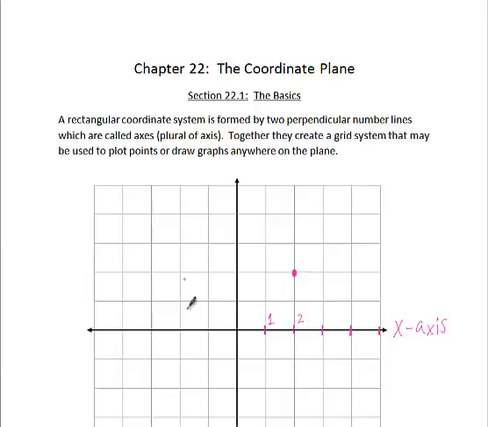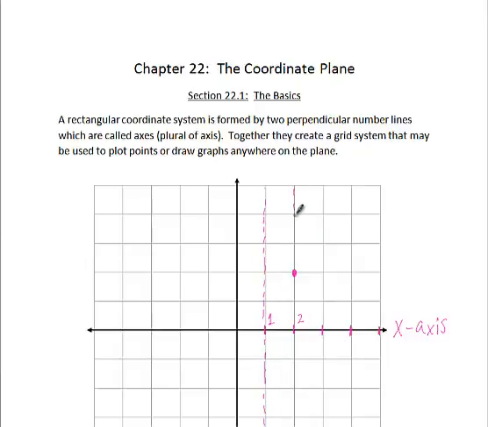And so with this two-dimensional plane, we don't have to have points that sit directly on top of these number lines as we did before. They can be offset to the side. So this vertical location on the 2D plane would be x equals 1. Any point along this vertical line would be x equal 1.